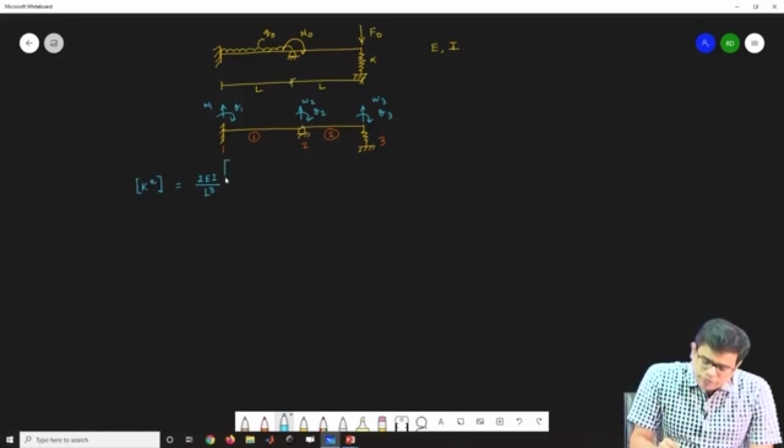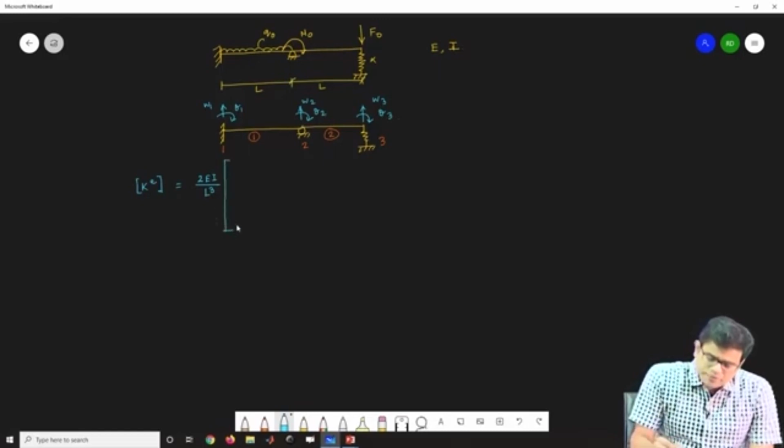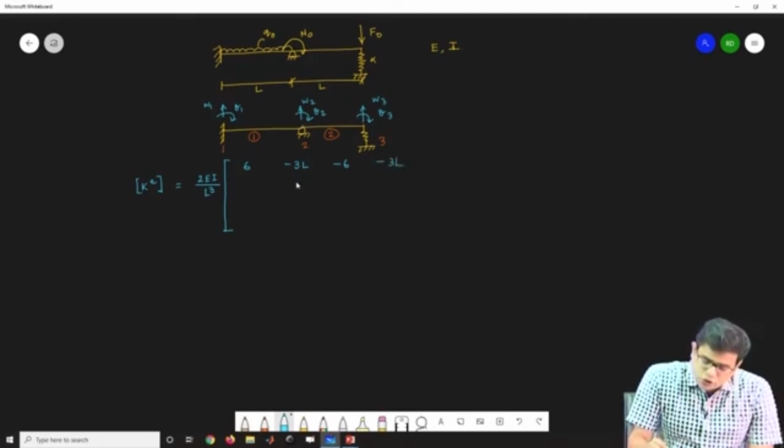This element stiffness matrix we know. So, the first row is 6, minus 3L, minus 6, minus 3L. Then, 2L square, 3L, L square.